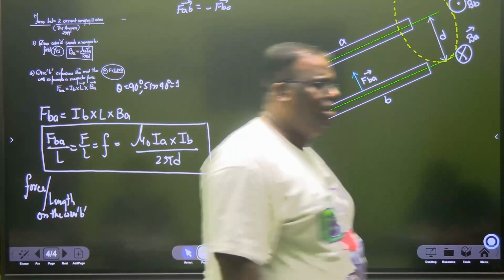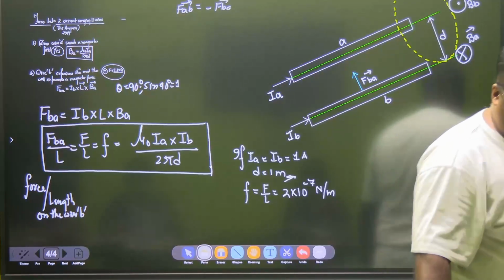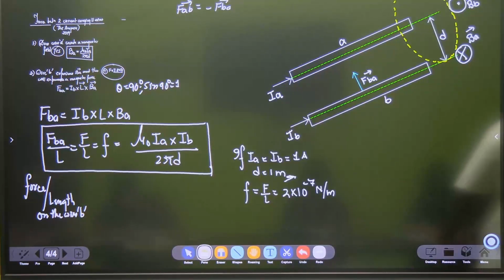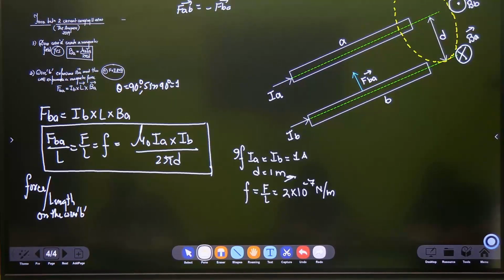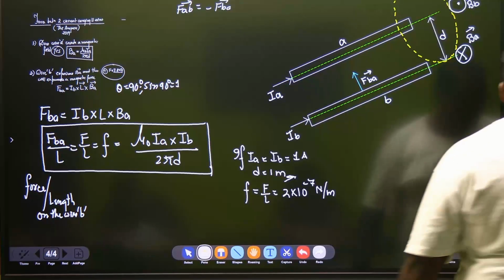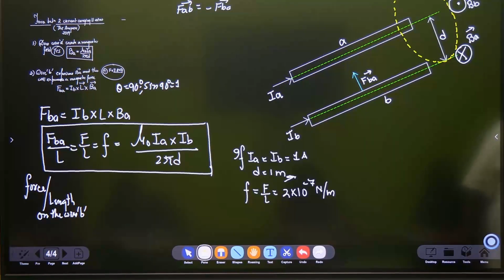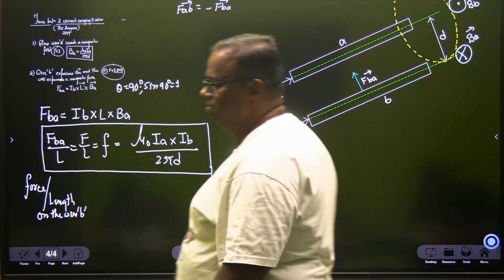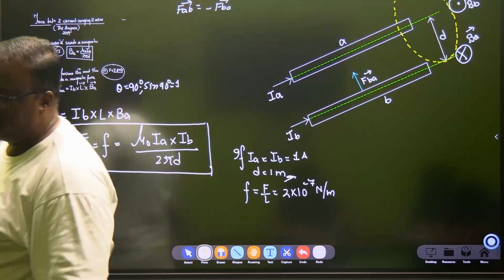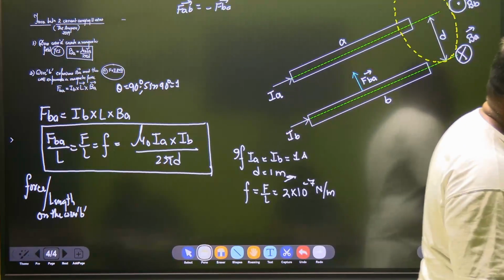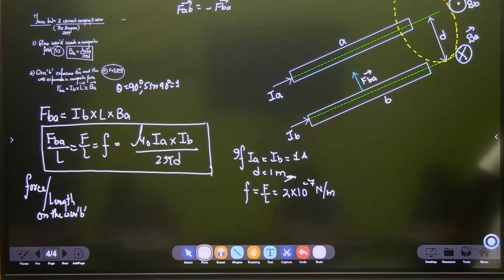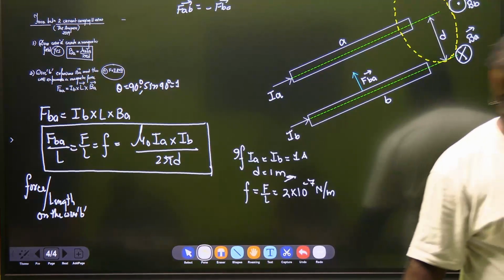So can we define once again? 1 ampere is defined as the strength of the steady current which, when flowing through two infinitely long straight wires placed in vacuum, creates a force of attraction of 2 into 10 to the power minus 7 Newton per unit length amongst them.